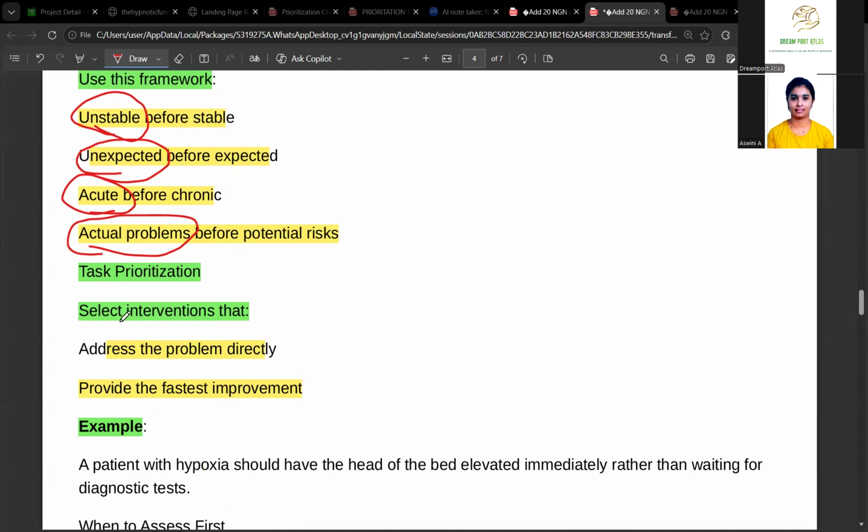Here you can apply the ADPIE method. Do you remember? A means assessment, then D means diagnosis.